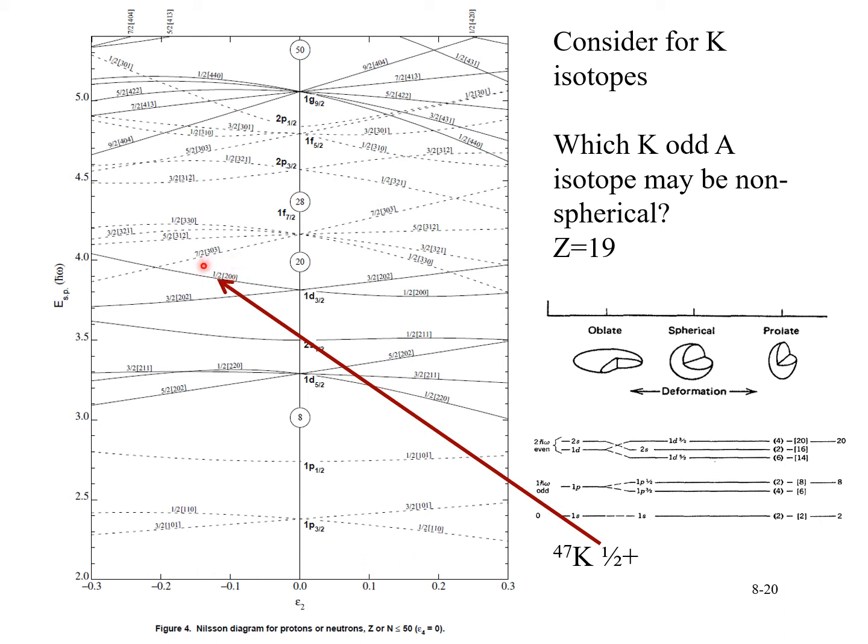Here's the spin of 1/2. This 2, 0, 0, the 2 indicates that it's in the D state, so it's a positive parity. This shows that potassium 47 is an oblate nuclei because it has a negative deformation parameter.